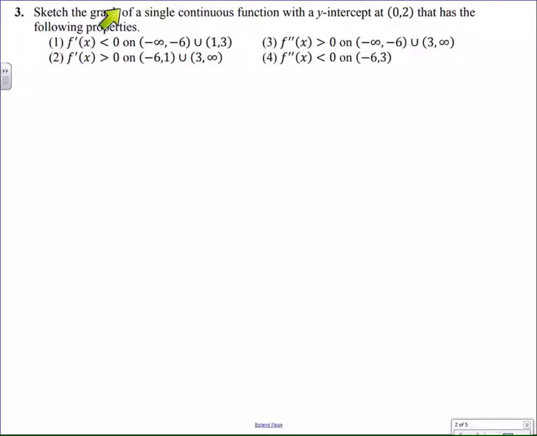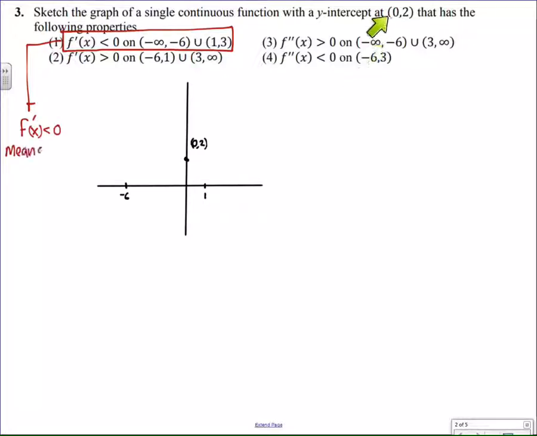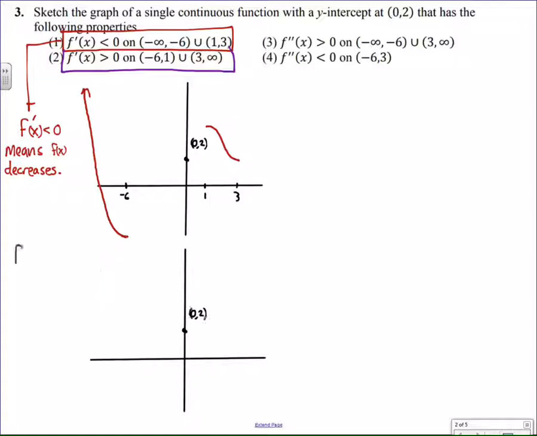So in the first case, when x is going from negative infinity up to negative 6, and when x is going from 1 to 3, the function is going to go uphill. I know that there's a y-intercept at (0, 2), and I know that the function decreases up to the point 6, and between points 1 and 3, the function will decrease.